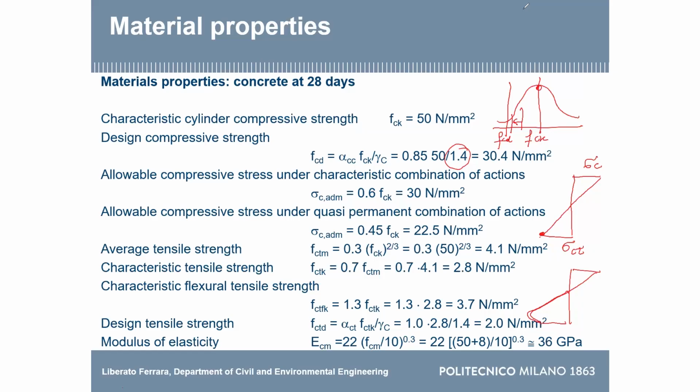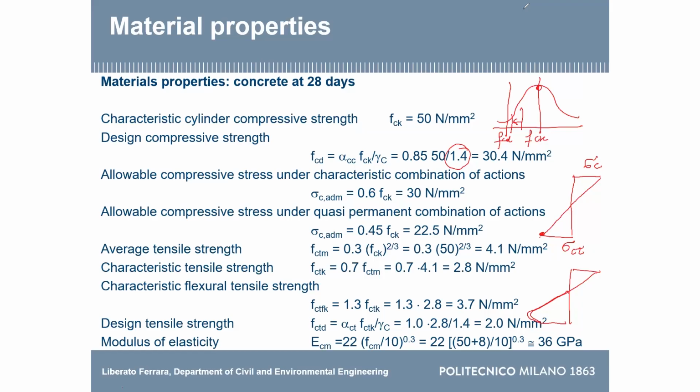And this is because of two issues. Well, if you have used a higher strength, the main reason is that you want to reduce your cross-section dimensions. So your element becomes more slender, which means more deformable.